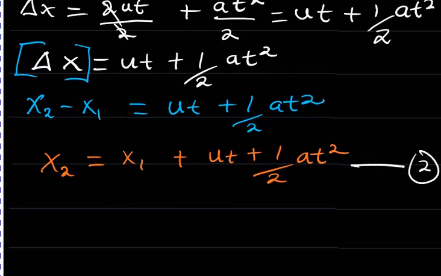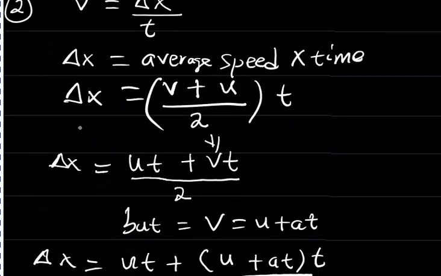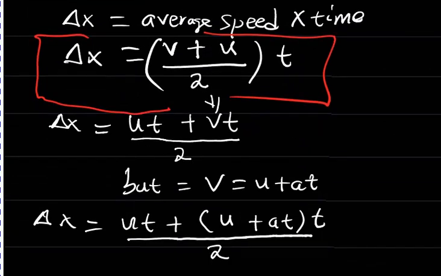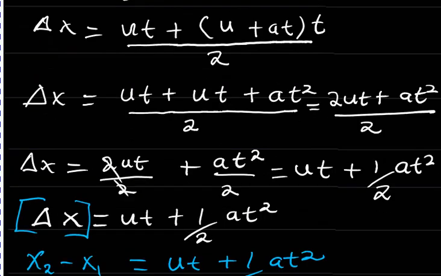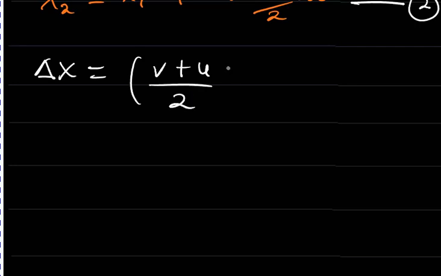Then the derivation for the third equation, we are still going to derive it from this expression right here. Total distance is equal to average velocity multiplied by time. Don't forget that expression: total distance is going to be equal to the average velocity, v plus u all over 2, and then multiplied by time.